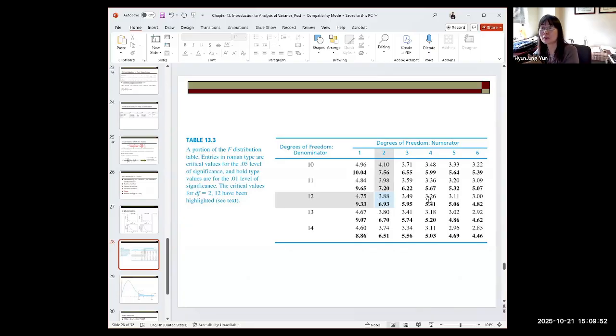This is the accumulated values they came up with. But I do not expect you to read the distribution table anymore. We're going to rely on statistics software in our class, SPSS.